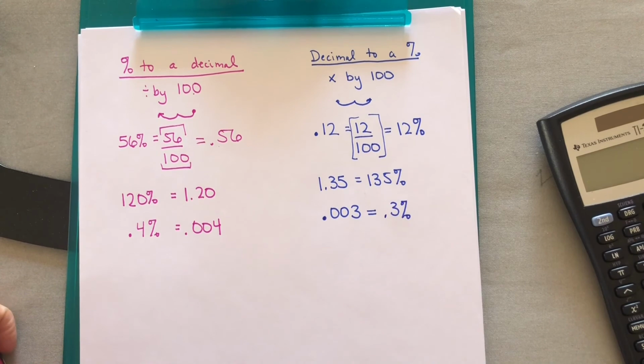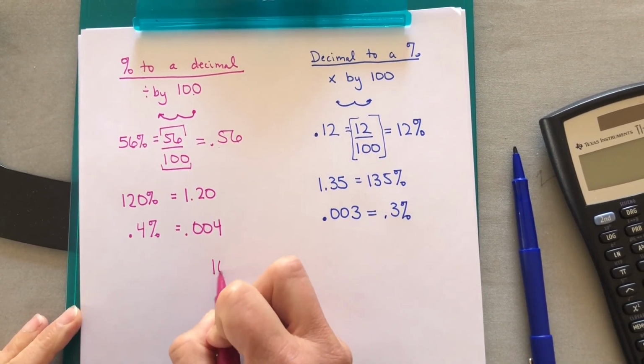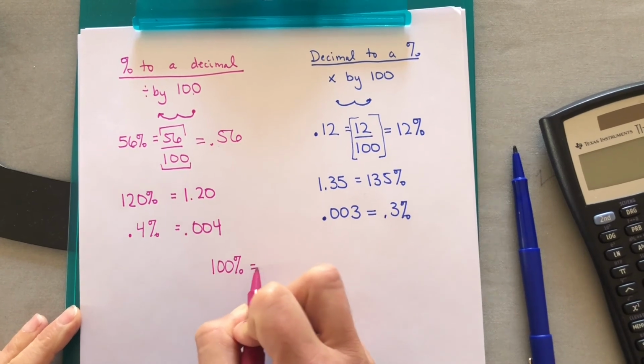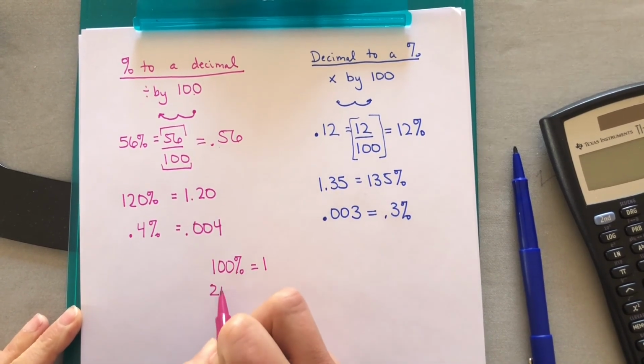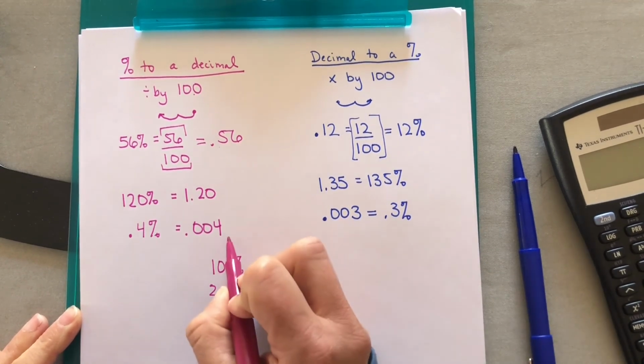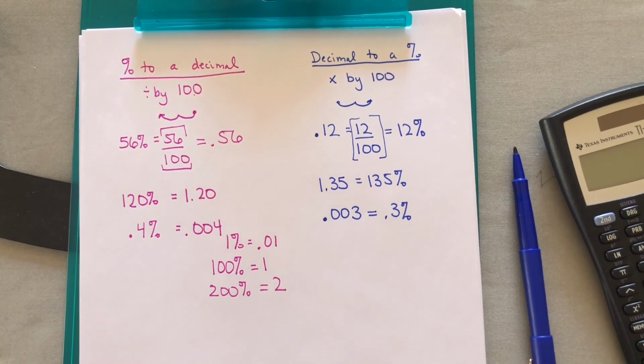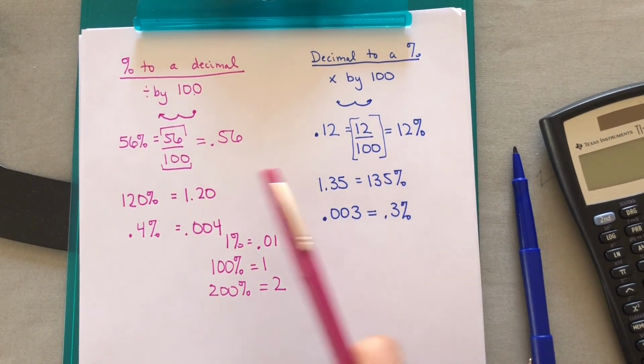So our benchmarks to remember here are that 100% is equal to 1. 200% is equal to 2. 1% is 1/100th. So those are good benchmarks to remember as you're going back and forth between decimals and percents.